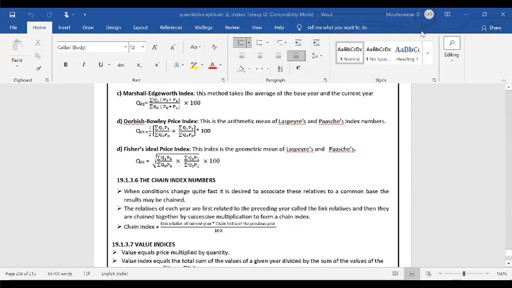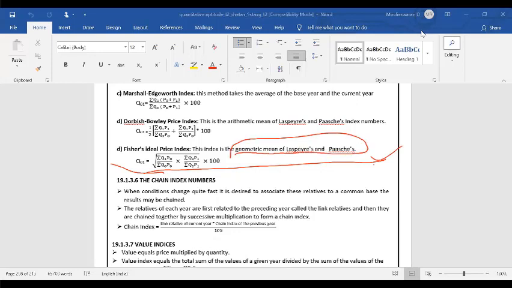So till here we have discussed in unit 6. Fisher's means geometric mean of Laspeyres and Paasche. I mentioned all these things in yesterday's session itself.